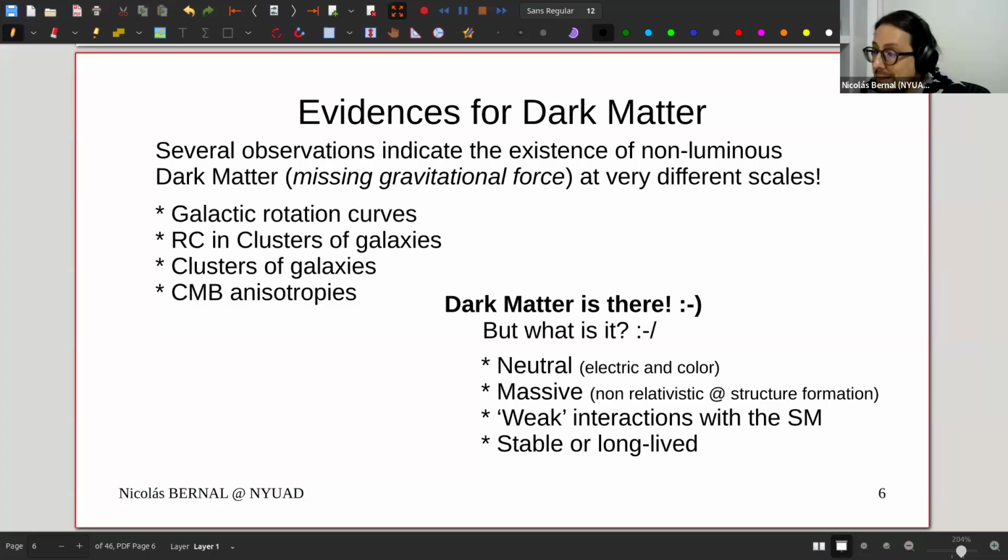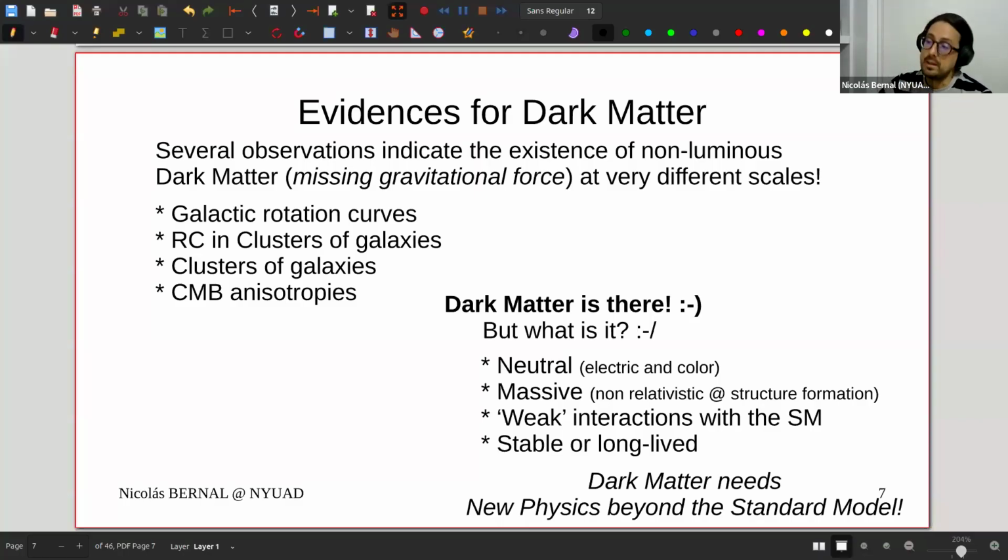It cannot have very strong interactions with the standard model because we have not detected it so far. So weak interactions, I don't mean electroweak, just not very sizable interaction with the standard model. And that's because we have evidence at very different scales, different time scales in the evolution of the universe.